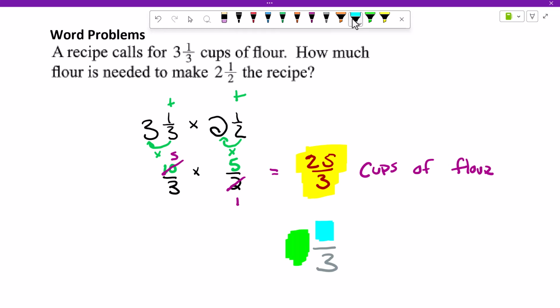So 3 fits into 25 8 times. That's 24. We need one more to get to 25. So we need 8 1/3 cups of flour. Okay. So we're going to stop there.